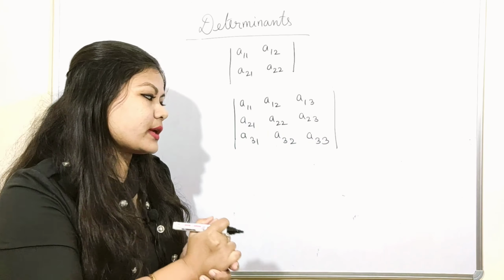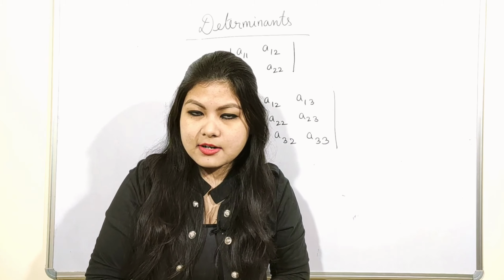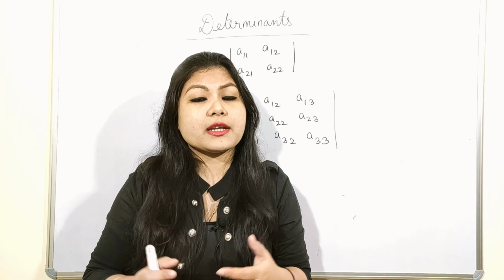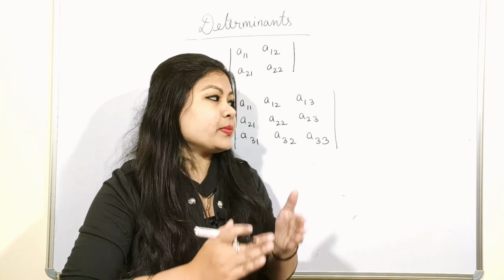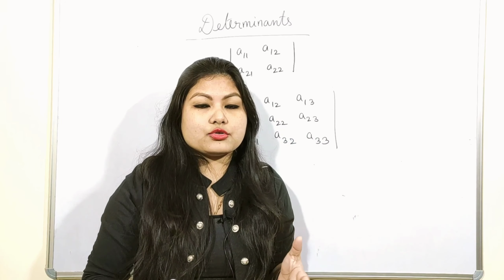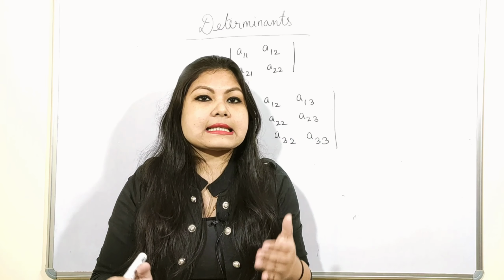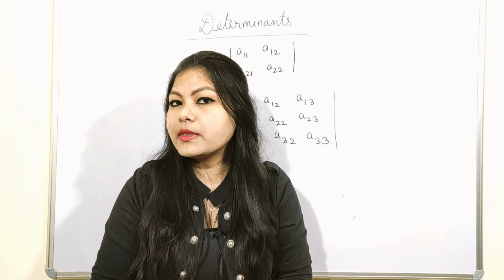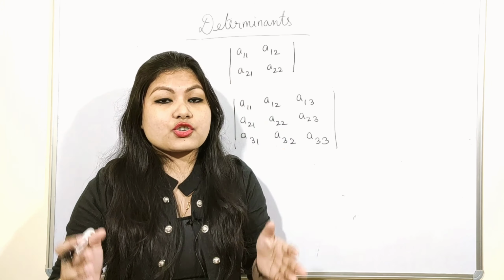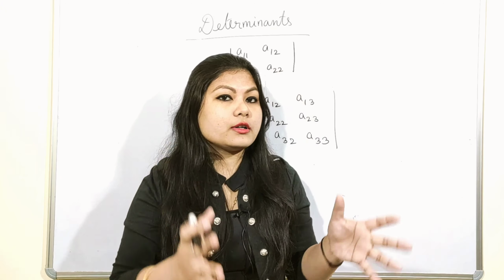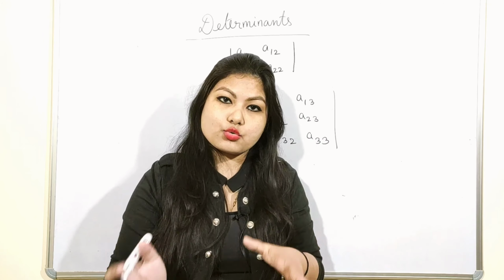So in this video we have discussed about what is determinant, how to construct a determinant from a series of equations. We also discuss about when the series has two variables, that means from the two variables we can construct 2 by 2 determinant, or the order of the determinant is 2 by 2.